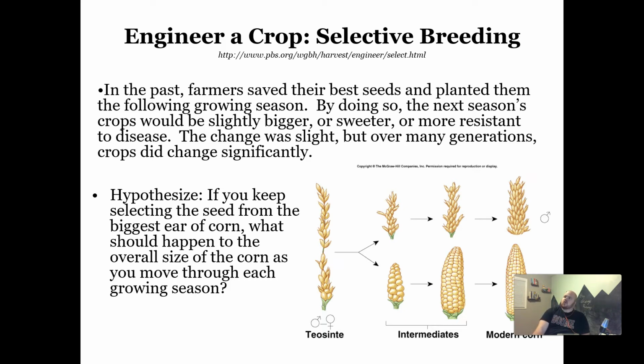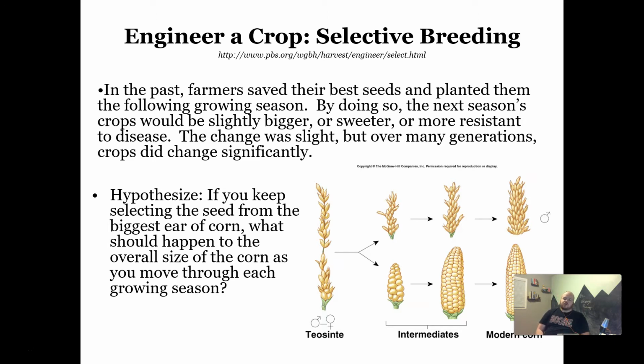But what happened is, over time, the changes became greater. It started off subtle, very slight, but over time, things that were linked to those desirable traits, be it being more disease resistant or resistance to certain predators, those traits for resistance were sometimes linked to other traits that determined appearance, size, color, etc. Each of those linked traits were inherited as a package deal.